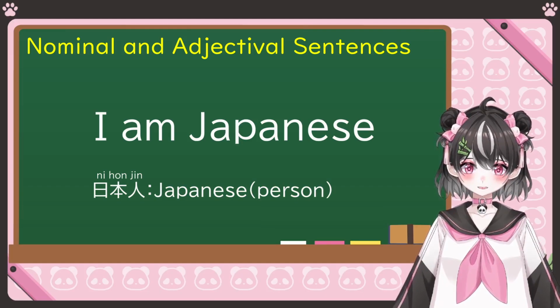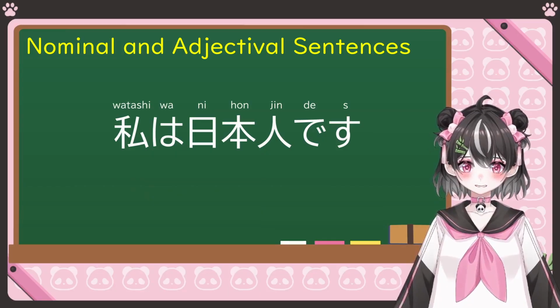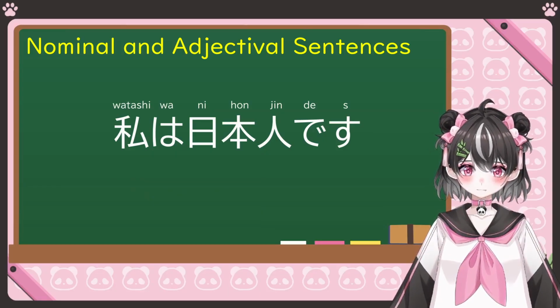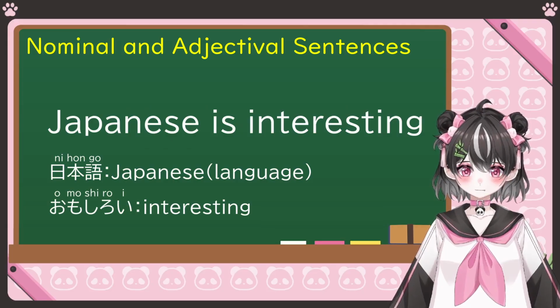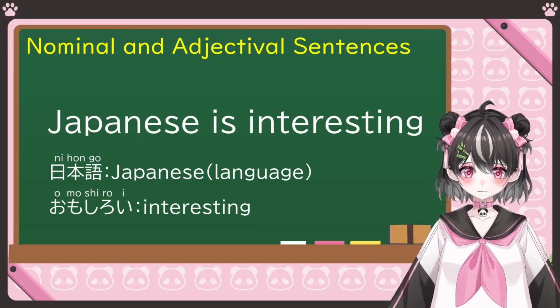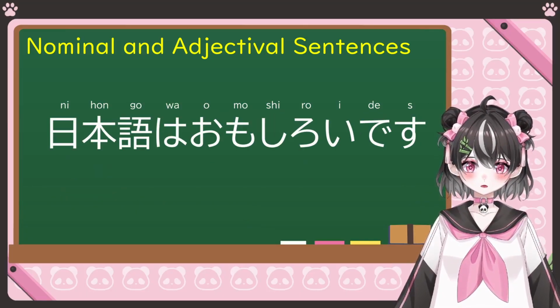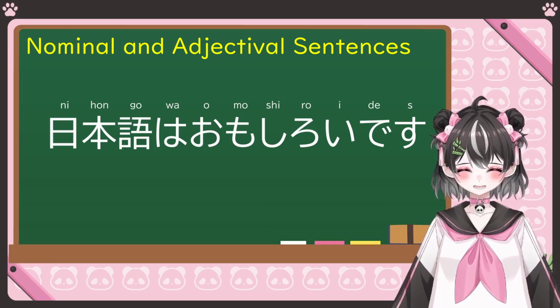How do you say this in Japanese? 私は日本人です. Next, how do you say this? 日本語は面白いです. Well done!